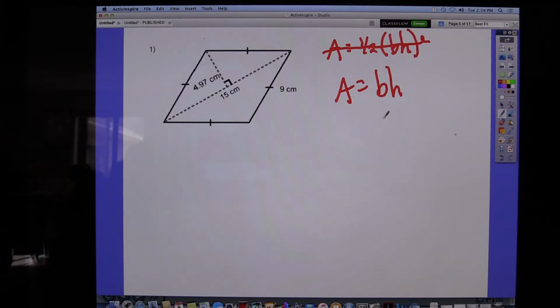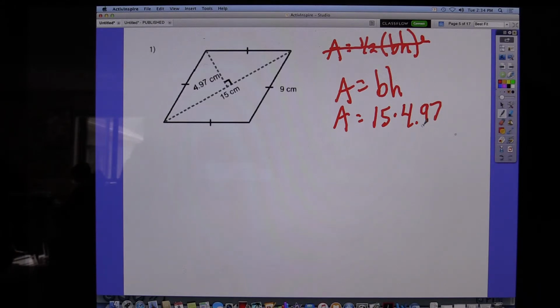Will that work? Yes, it will. So area equals 15 for the base times 4.97 for the height. Now, I'm not going to continue working this out, because I just want to demonstrate the formulas that you can use to solve these.